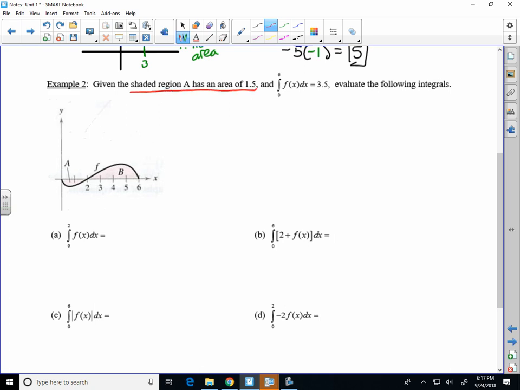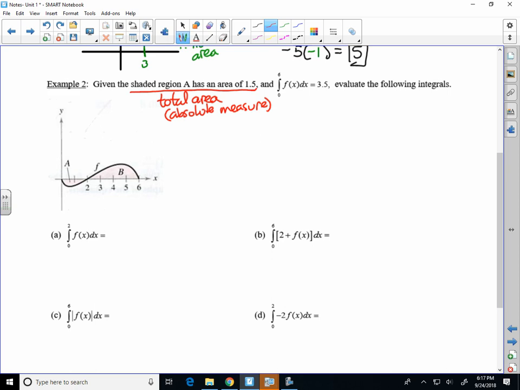All right? So what they're giving us is a total area. That's an absolute measure. So they're saying physically, forget about negatives, forget about positives. Physically, there is a printed area.